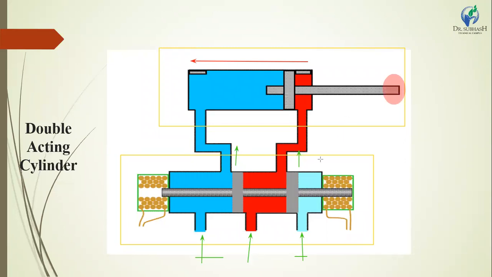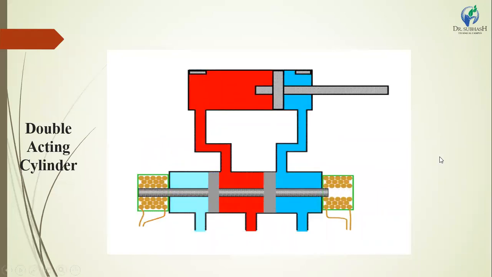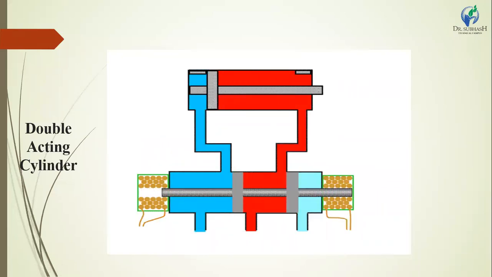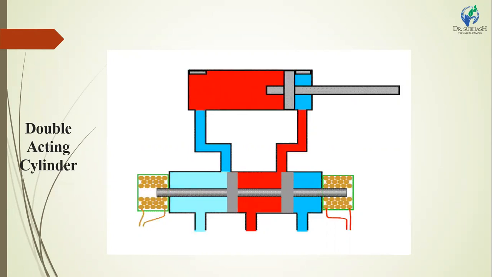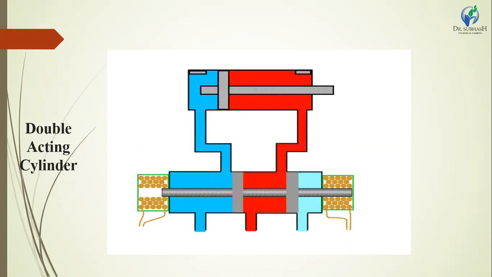When the position is changed and the piston cylinder assembly moves from one position to the other, the fluid passes through this line and creates a higher pressure, and the cylinder moves in the other direction. We can see this working process in the animation file. This is the working of the double side of the piston. One time there is an inlet that creates motion at the right side, and the other time it creates motion at the left side.